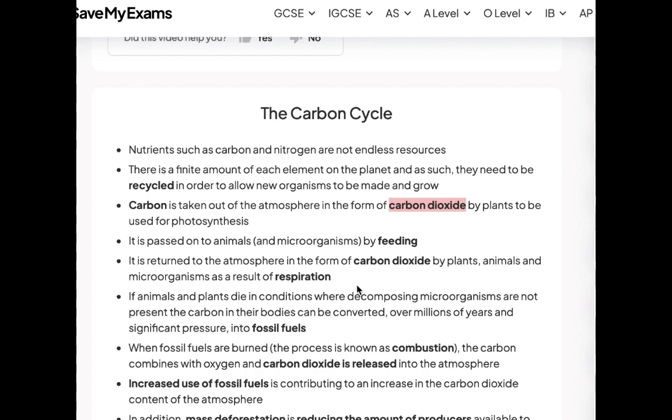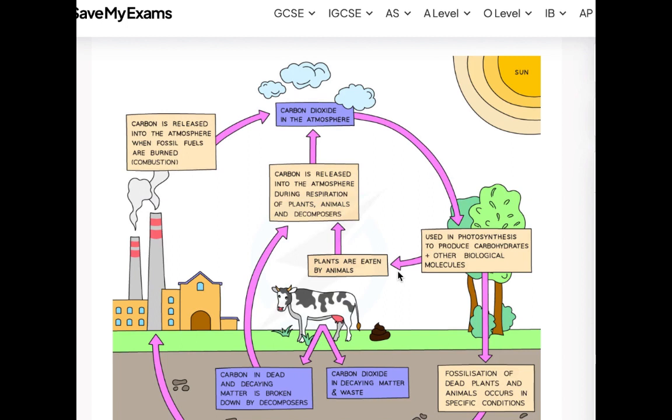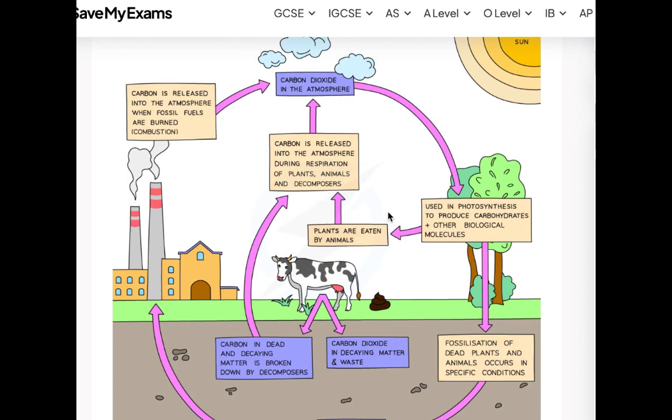So these are the things we're talking about in the carbon cycle. Let's take a look at the diagram that shows that. Remember, sunlight energy is always needed in each of these cycles because this energy is used by the plant to stimulate photosynthesis. So the carbon in the atmosphere is taken in by the leaves of the plant and used to photosynthesize to produce food.